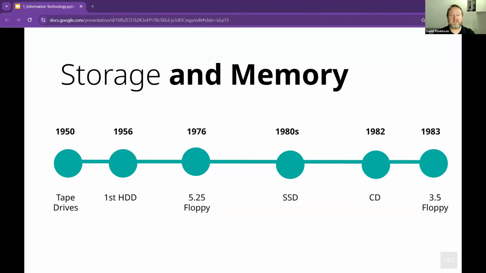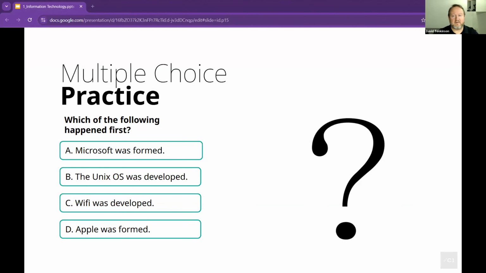Okay, that brings us to the end of that small piece of history for you. We've got a little question for you here. Which of the following happened first? Microsoft was formed, the Unix OS was developed, Wi-Fi was developed, or Apple was formed.